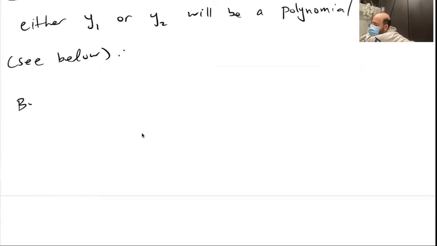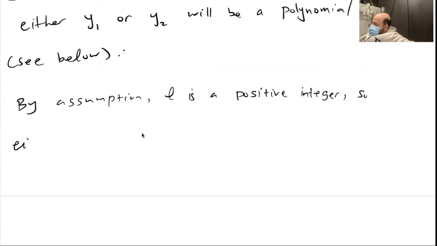So by assumption, L is a positive integer. So either L is odd or it is even.